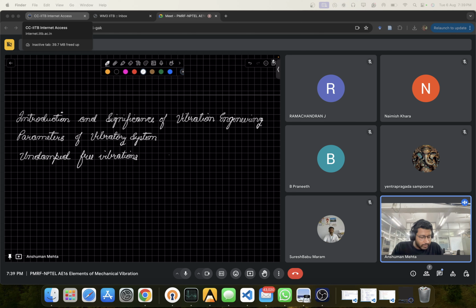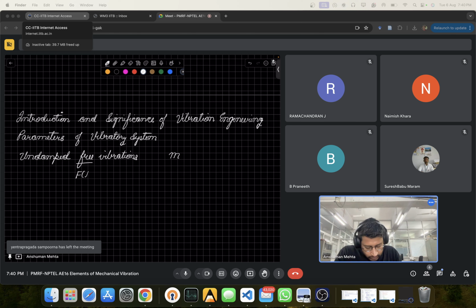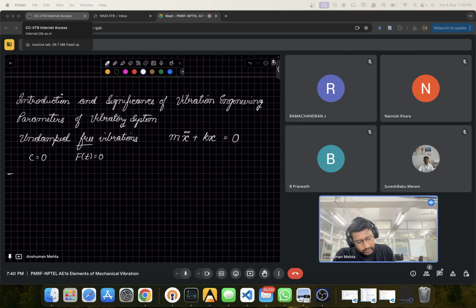So undamped free vibration means free means no force, like F(t) is equal to 0, and undamped means C equal to 0. So whatever is left is m x double dot plus k x is equal to 0. This was week 1.